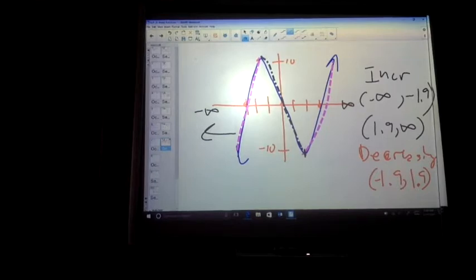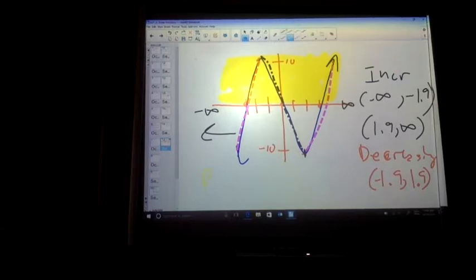And then, where is it positive? Anything above here, that's all positive region. So again, using the x to tell the story.